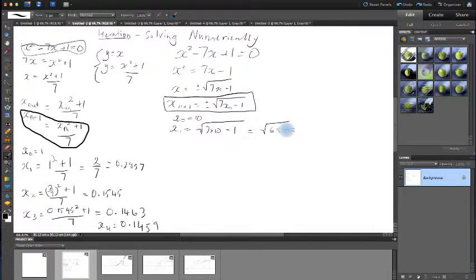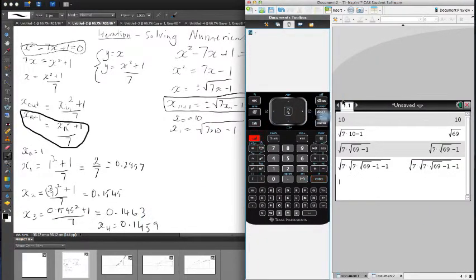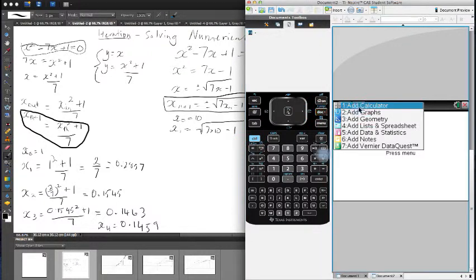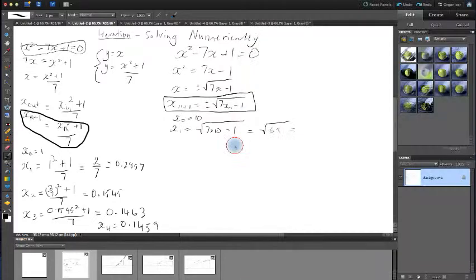Let's just grab our calculator because I don't know what the square root of 69 is. Shame on me, I know. Square root of 69 is, let's just say 8.3 for now. Roughly 8.3, because I know there's more going on.